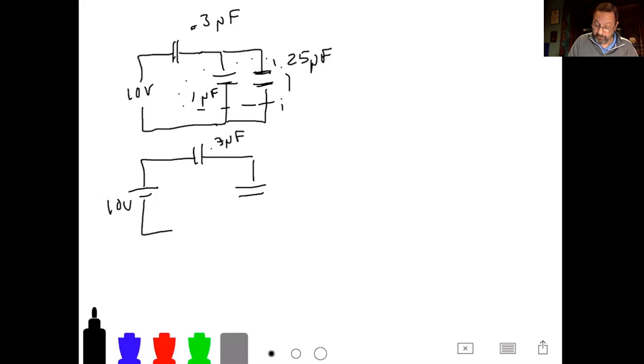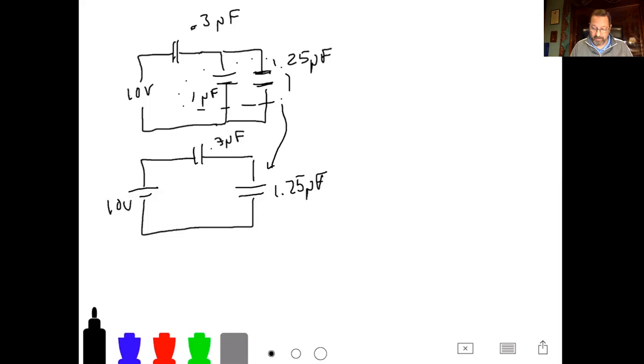So the equivalent of those two is a 1.25 microfarad capacitance. I just added 1 microfarad and 0.25 microfarads, and got 1.25 microfarads. So these two drawings are exactly equivalent. That's the point of an equivalent network.